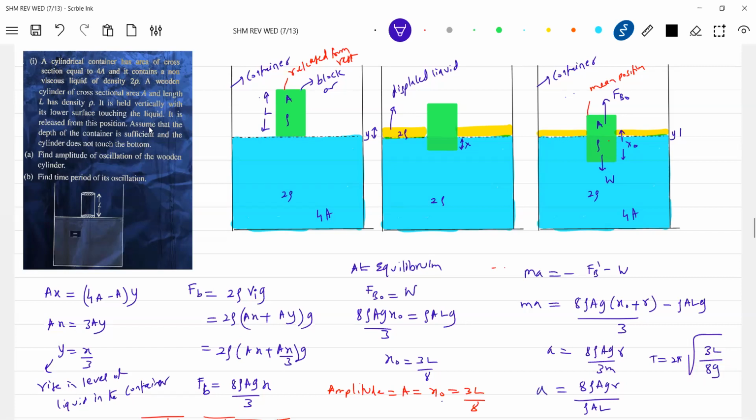Check once. r is the displacement here. At equilibrium, if I further press by some distance and release, then this will be the buoyant force.